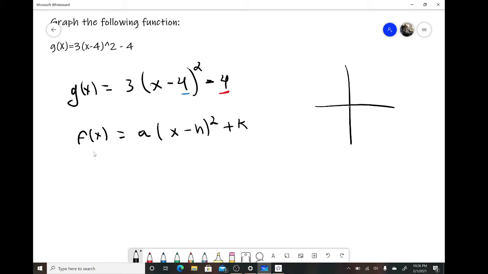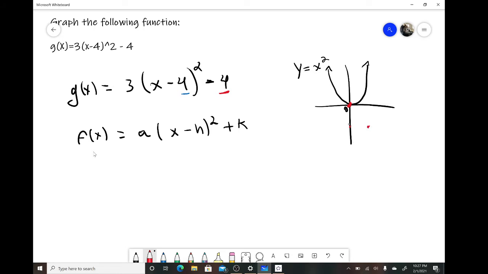This is the general equation of a parabola, so something like x squared looks like this, and it has a vertex down here. So this is telling you that you're going to move that vertex 4 units down, and then you have a -4, which means that you're going to move this to the right 4 units. So we expect the vertex to be down here in quadrant 4.